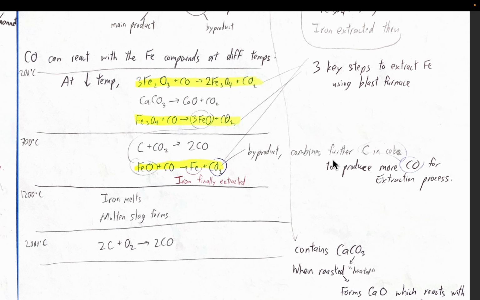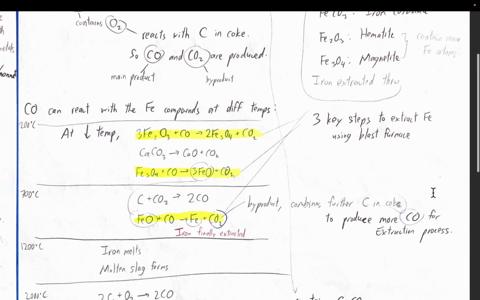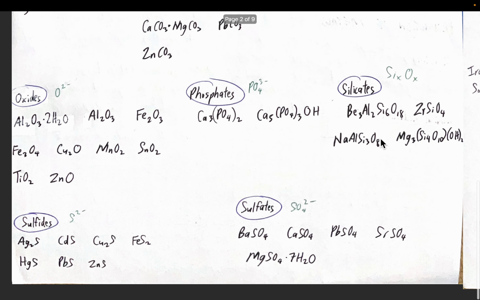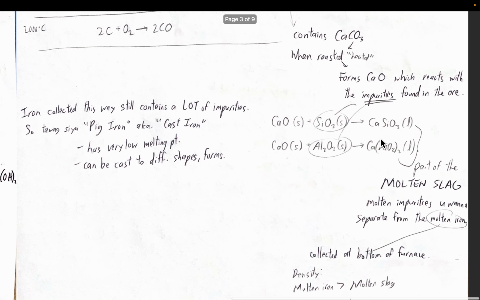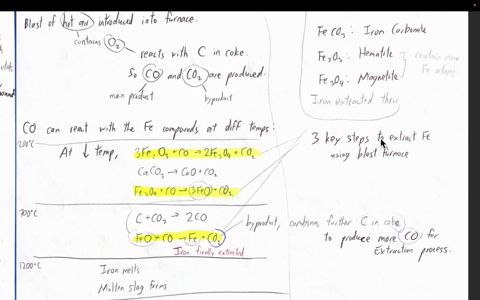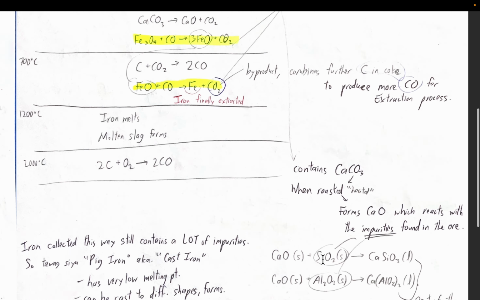It combines further with the carbon in coke in order to produce more carbon monoxide for the extraction process. As you might have already figured, it implies a cycle. So carbon monoxide will always be produced as long as the cycle keeps going.